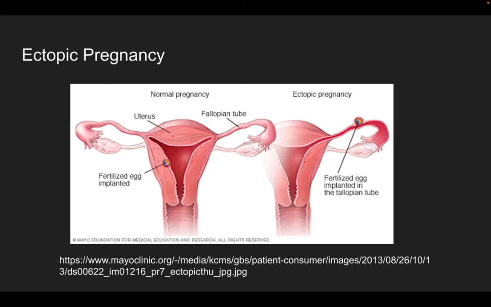They include prior history of fallopian tube surgery or pelvic inflammatory disease, endometriosis, and certain sexually transmitted infections. Other factors that might increase the risk include the use of assistive reproductive technology like in vitro fertilization, being 35 years or older, and smoking. And then here we have an image that is depicting an ectopic pregnancy, showing the fertilized egg that is implanted outside of the uterus in the fallopian tube.